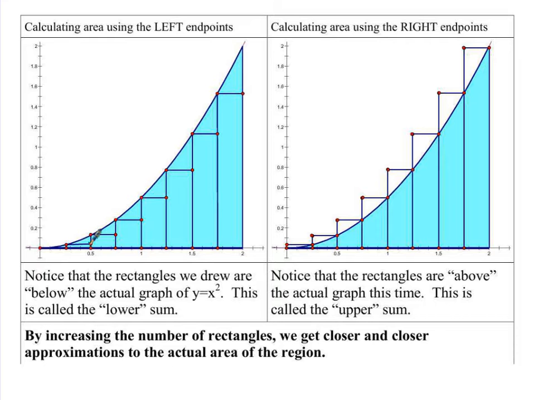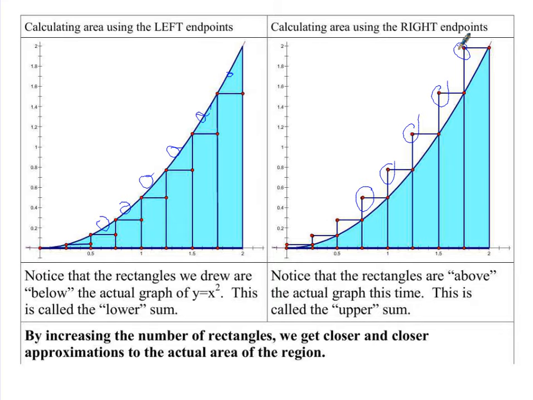You can make your rectangles go up to the curve and then over and back down, which would wind up leaving all of this leftover space here that we didn't account for that should be in our estimate. Or you can make your rectangles go up to the curve but wind up giving you excess area in your calculation. Both of those methods are completely valid. You just have to realize that one method gives an overestimate and the other method gives an underestimate.